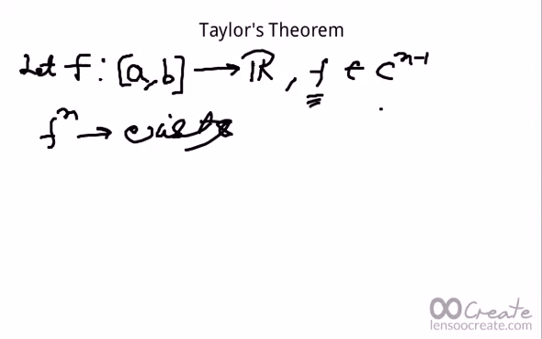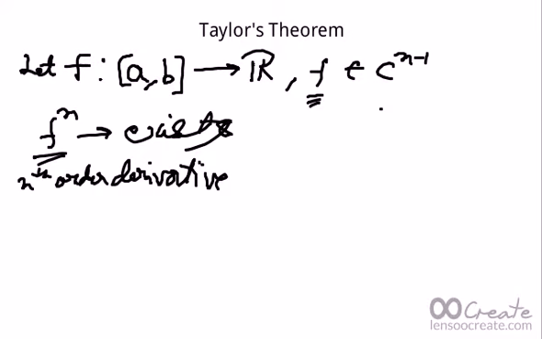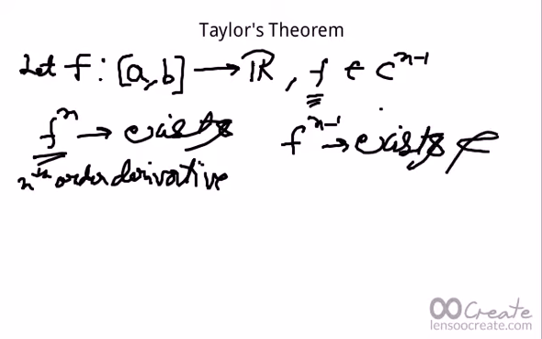What is f^(n)? It is the nth order derivative. So f^(n) is the nth order derivative; f^(n-1) and f^(n) exist, and f^(n-1) is definitely continuous. Fine. This is the definition of the function f.